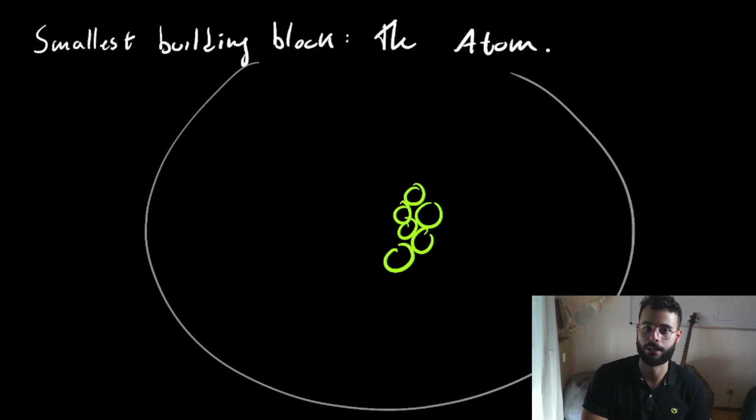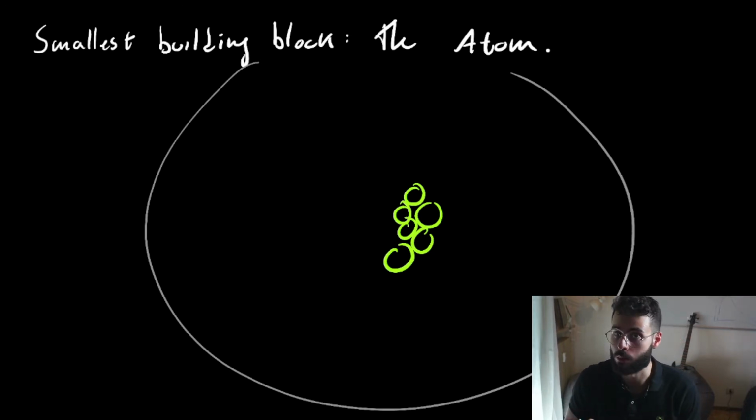The second particle we have inside the core of the atom is called the neutron. Neutron is neutral, as the name suggests. It doesn't have any electrical charge. However, it weighs a similar weight, very close to the proton. So, for example, if the weight of the proton is 1, we can say that the weight of the neutron will also be 1.